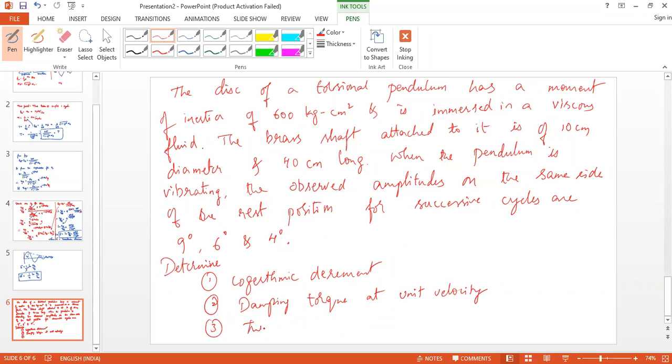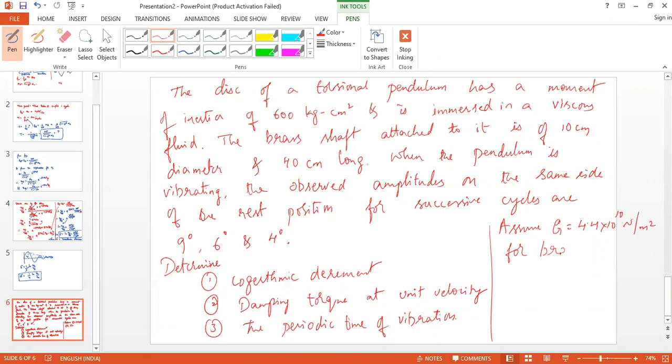Number 3, the periodic time of vibration, and also assume G is equal to 4.4 into 10 power square for brass.